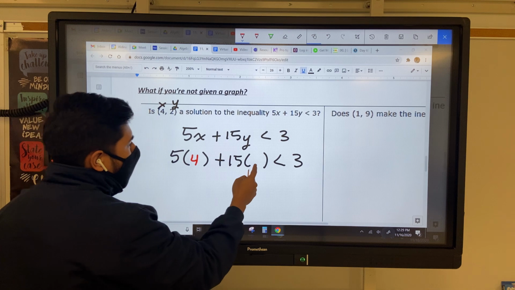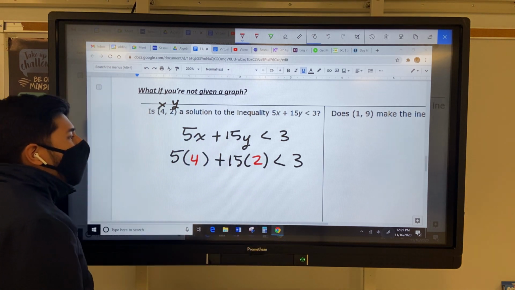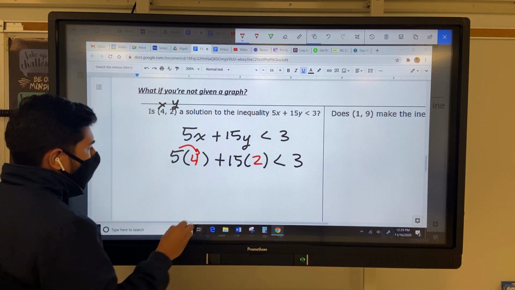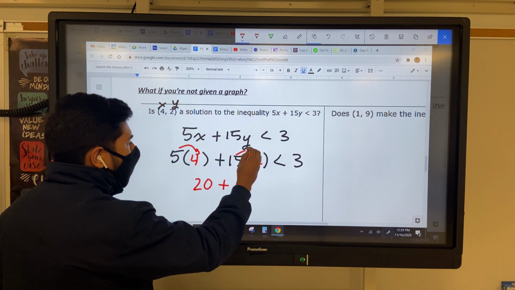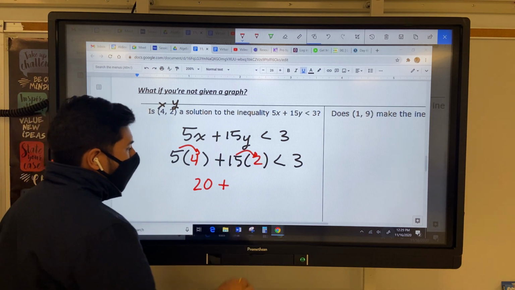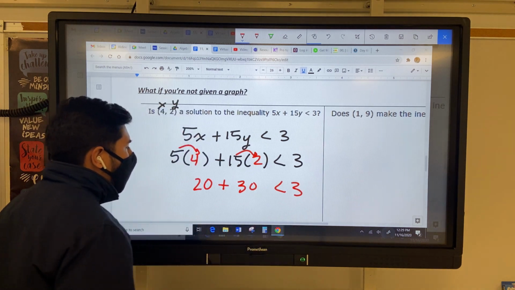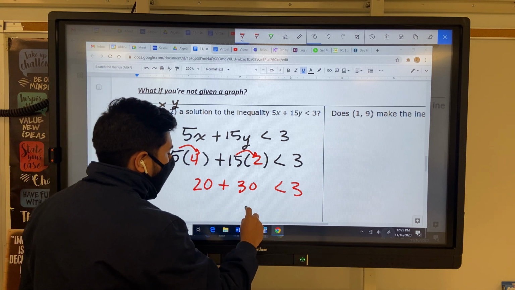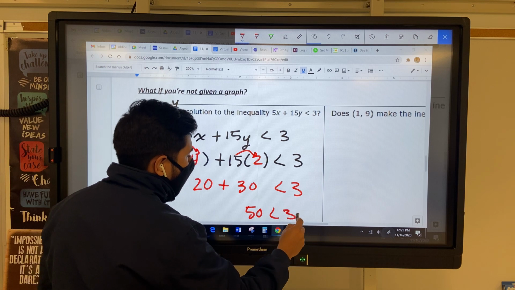Who goes in this second parentheses if it's y? 2. And then we simplify. 5 times 4, 20. Calculator. Plus 15 times 2, 30 is less than 3. Put these together. 20 plus 30, 50 is less than 3.